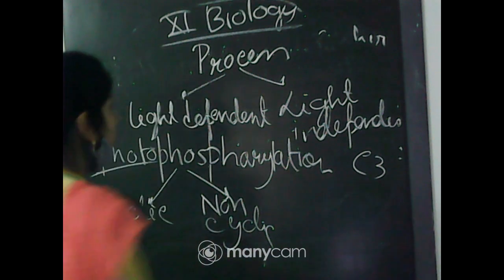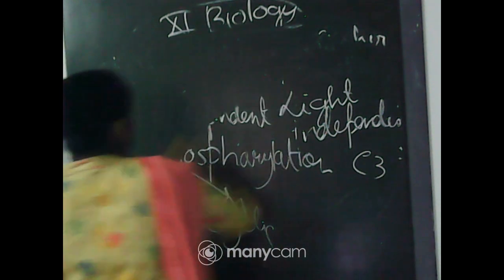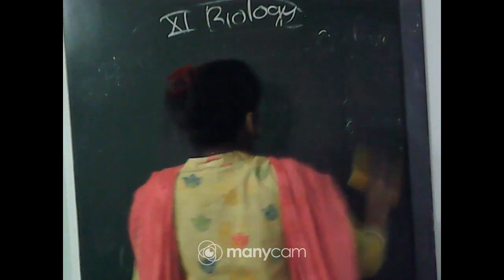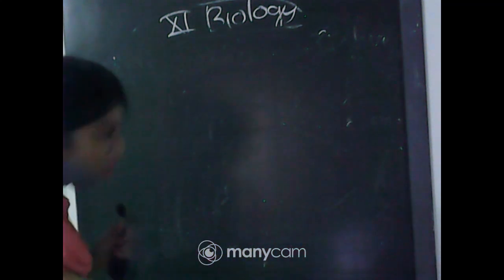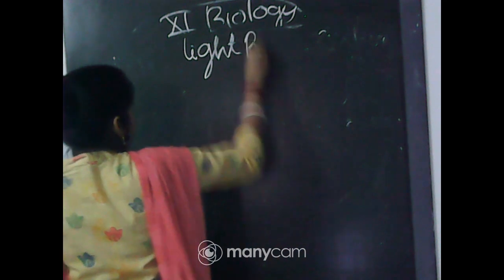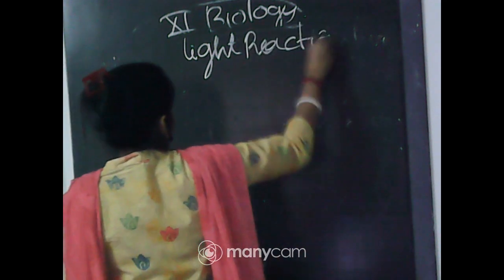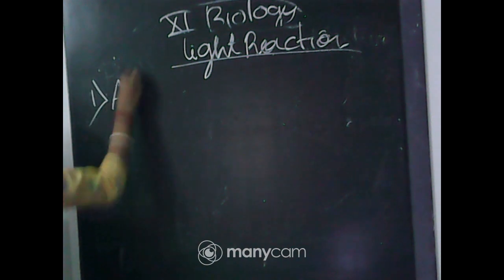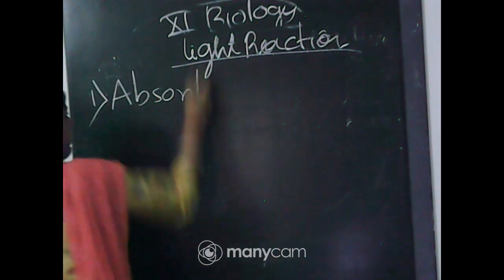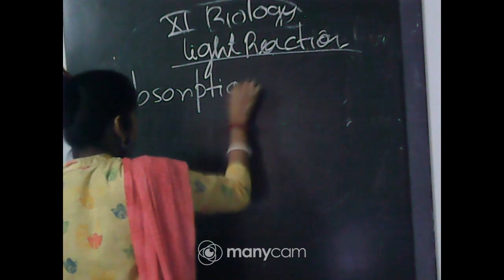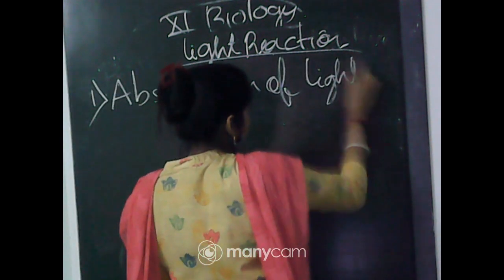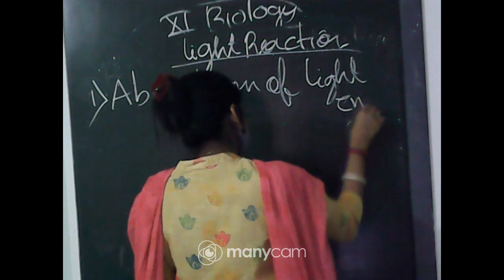Now first we have to know what light reaction is and what the main steps of light reaction are. So what are the steps? First one is absorption of light energy.